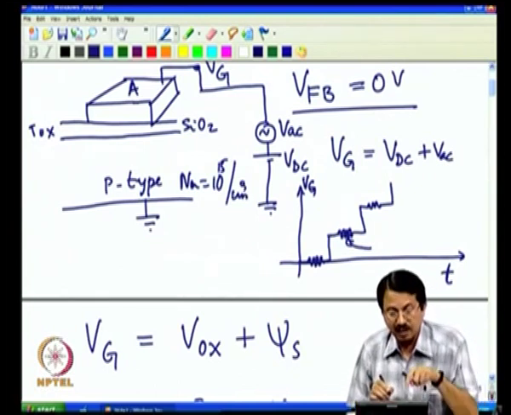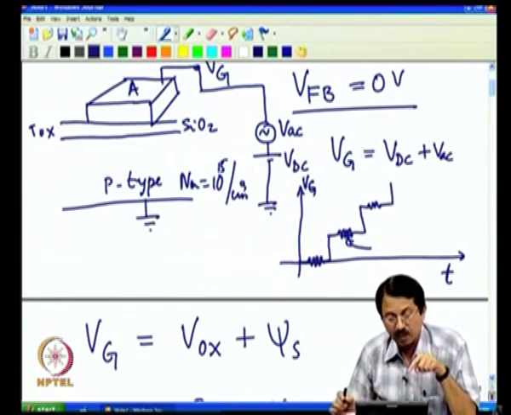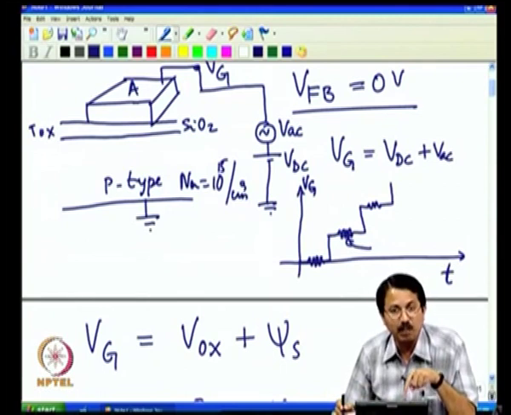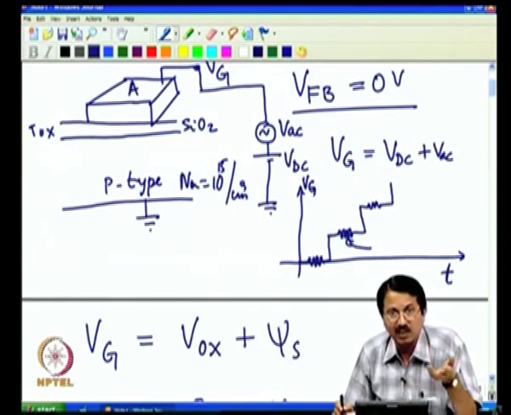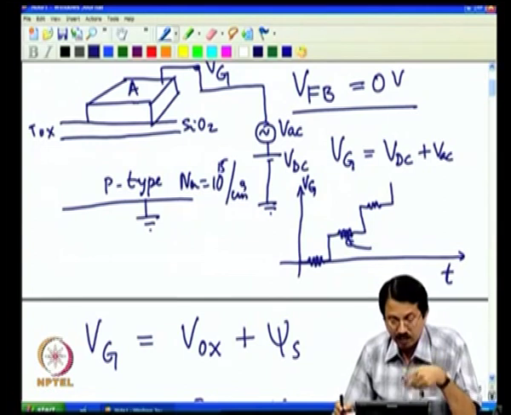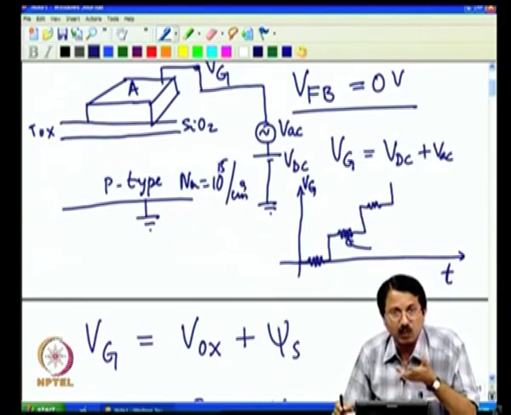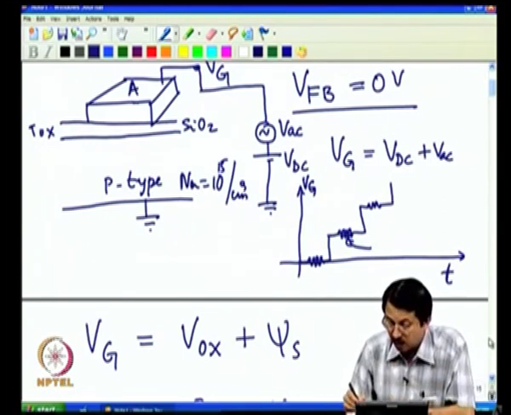It means that the thermal equilibrium hole concentration, which we call P0, in p type material is 10 power 15, whereas Np0, electrons are minority carriers, and electron concentration in p type material under thermal equilibrium will be ni square by Na, which will be about 10 power 5 or so.